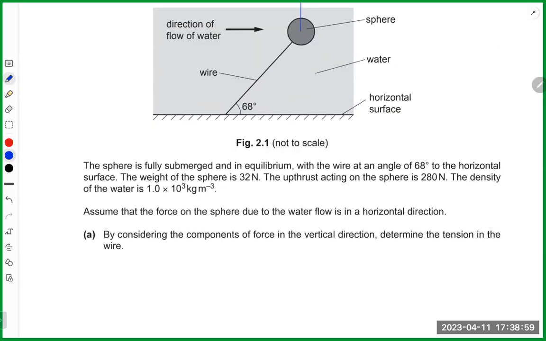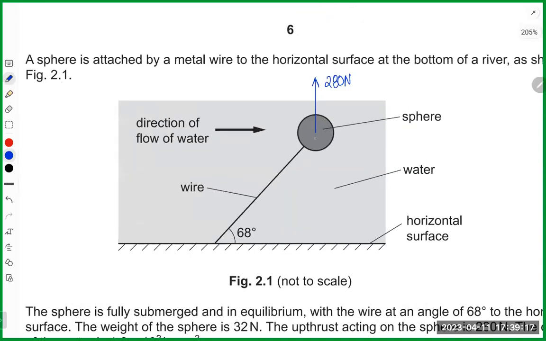Now assume that the force on the sphere due to water flows is in a horizontal direction. By considering component of the force in the vertical direction, determine the tension in the wire. Now, weight is acting downward. Now, this tension is acting at an angle.